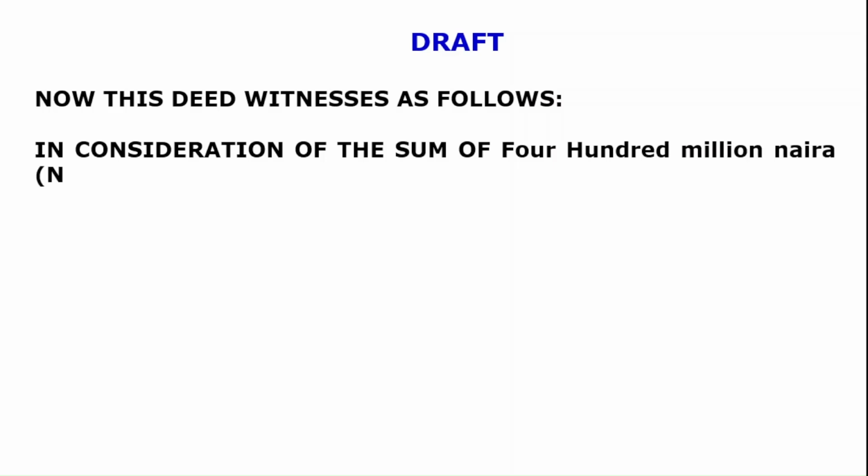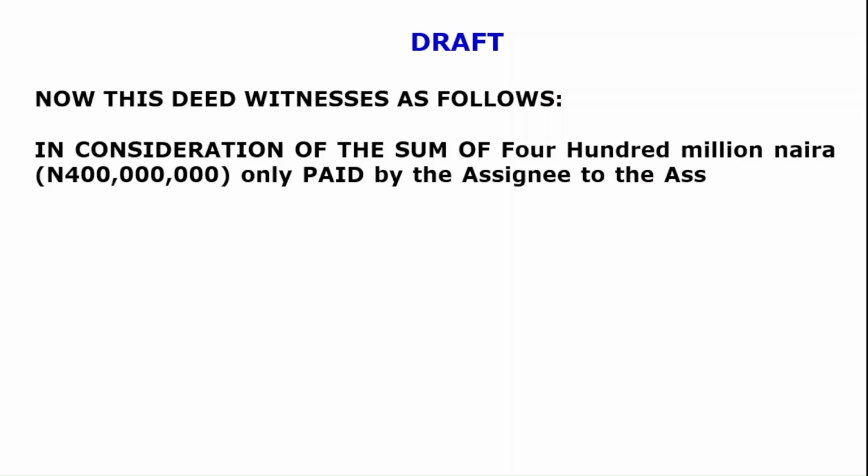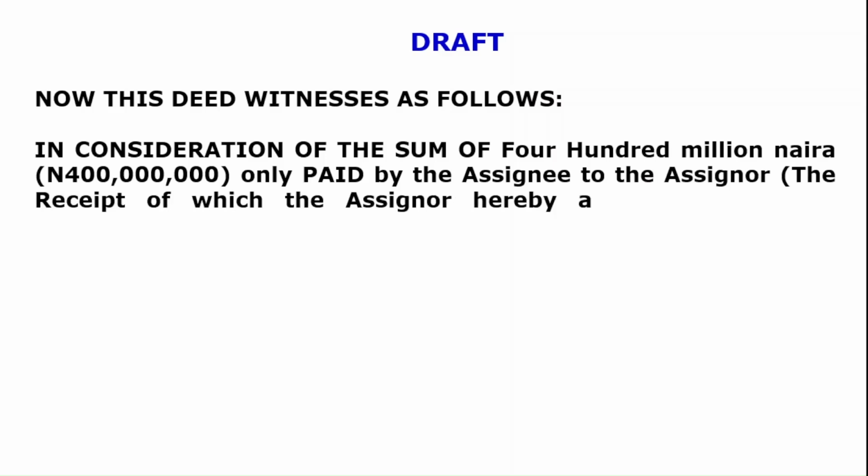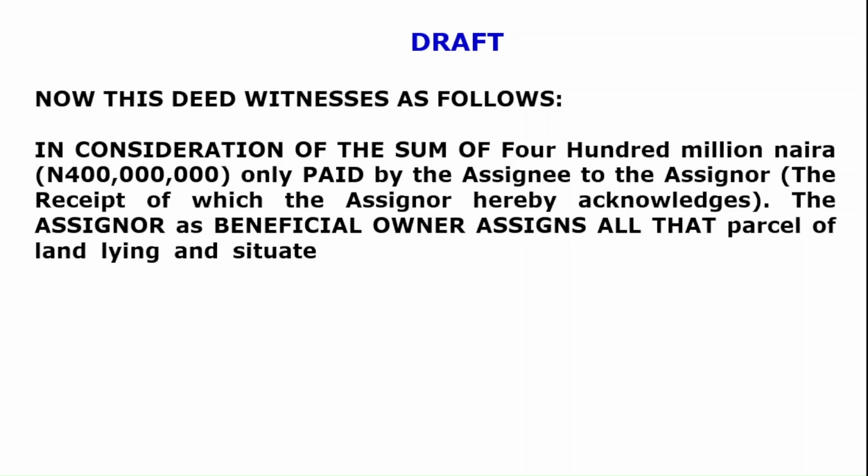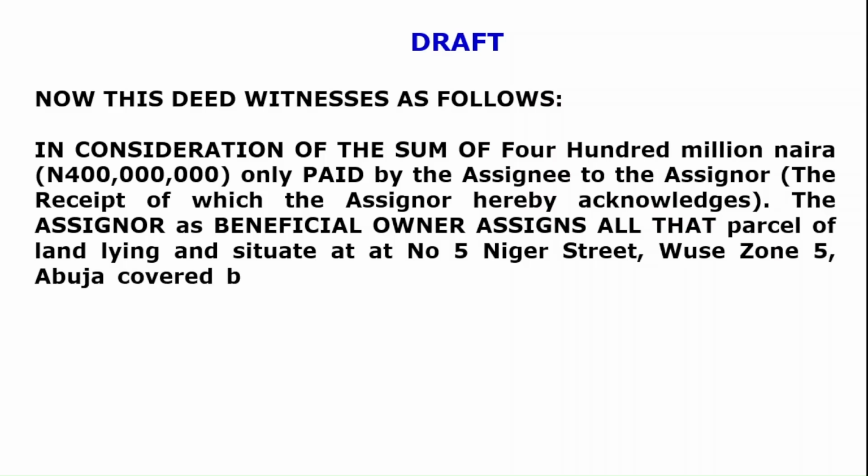So, in consideration of the sum of 400 million naira only paid by the assignee to the assignor, the receipt of which the assignor hereby acknowledges, the assignor as beneficial owner assigns all that parcel of land lying and situate at number 5 Niger Street, letting us the parcel clause, right?